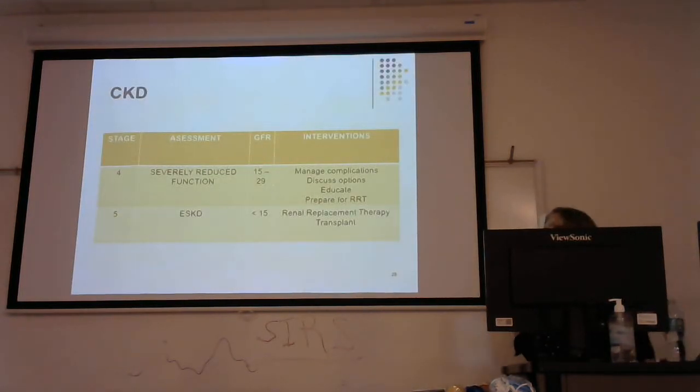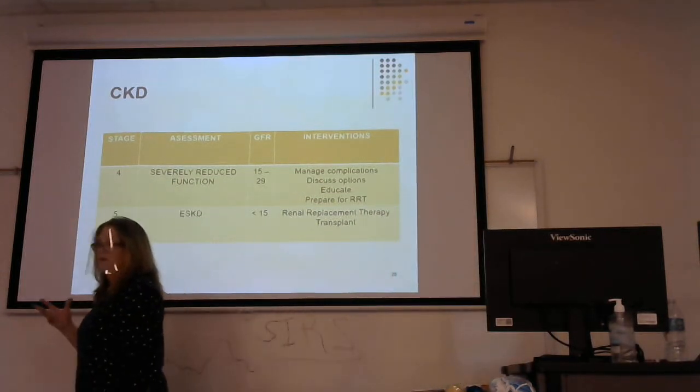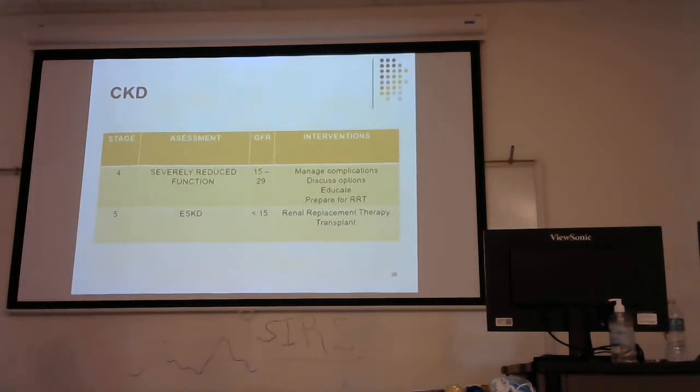As we move into 4 and 5, these are more serious chronic end-stage renal disease. Severely reduced function. They are definitely having symptoms now in every system. And we are working patiently with managing comorbidities, education, discuss options, and prepare for renal replacement.